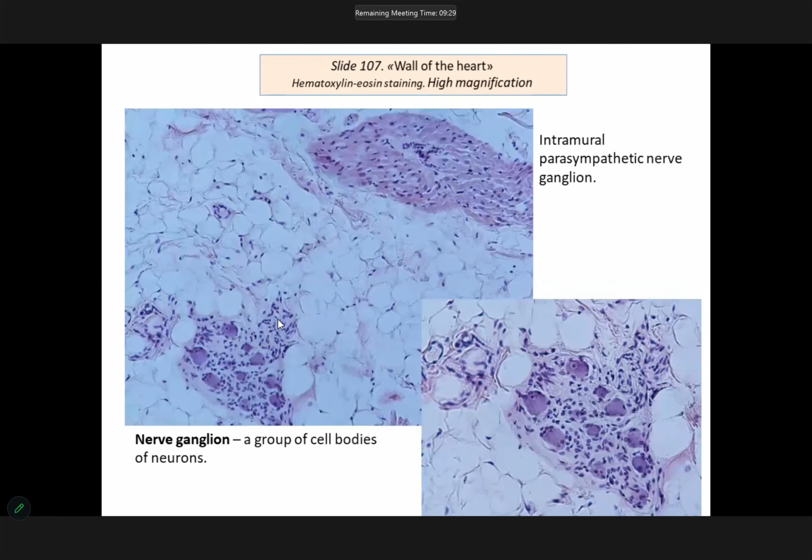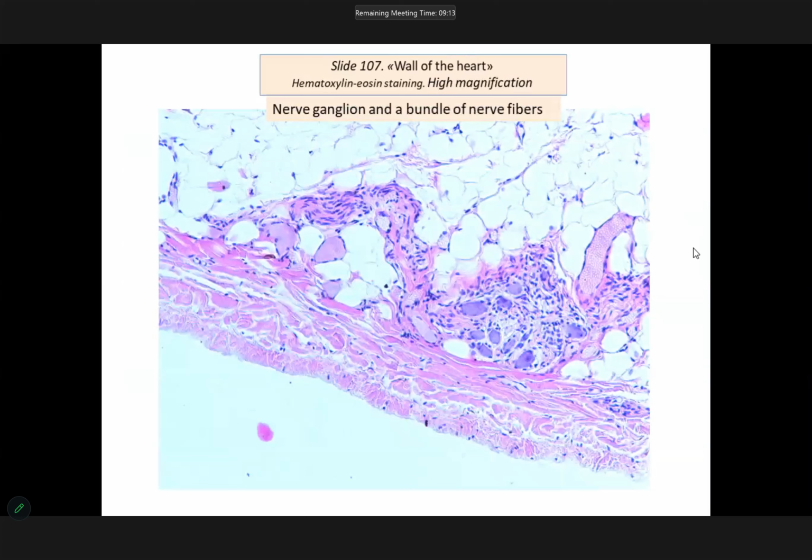Another example of nerve ganglion, group of cell bodies of neurons, one neuron, another one, another one. All the dots are cell nuclei of glial cells and loose connective tissue. Intramural parasympathetic nerve ganglion. Ganglion, and here a bundle of nerve fibers.